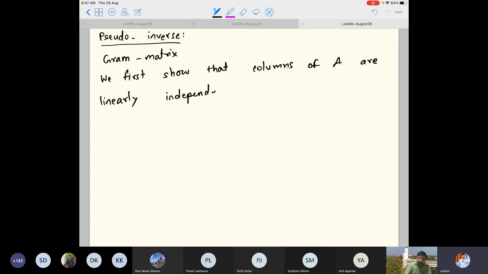Okay, so I'm starting with a matrix A whose columns are linearly independent. So whenever I'm saying this, immediately you should start visualizing how A should look. Columns of A are linearly independent, so it can be a tall matrix or a square matrix, right? So that is how this matrix will be. So every time we start talking of these things, you should be able to visualize the sizes immediately.